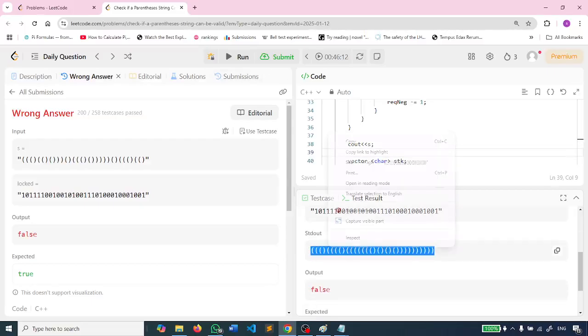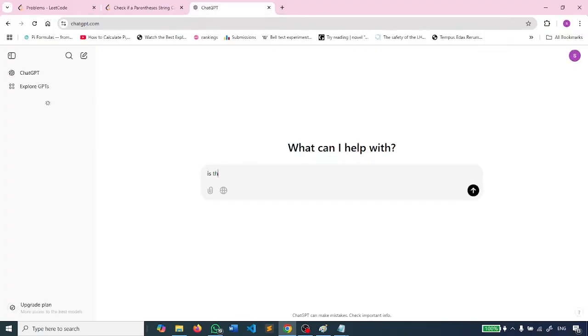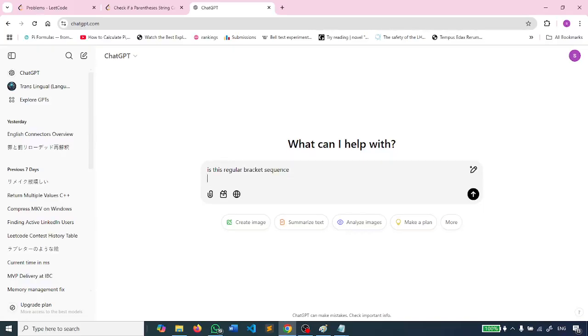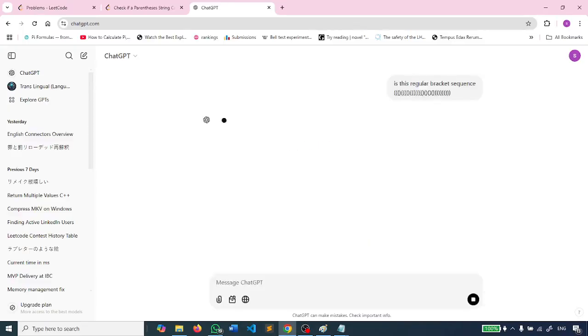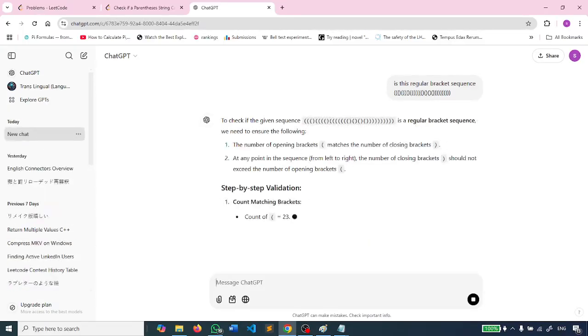Let me check if Google provides. Let me just ask ChatGPT. Yeah, I'm not cheating, kind of. Is this a regular bracket sequence? Let me just ask ChatGPT at this point.